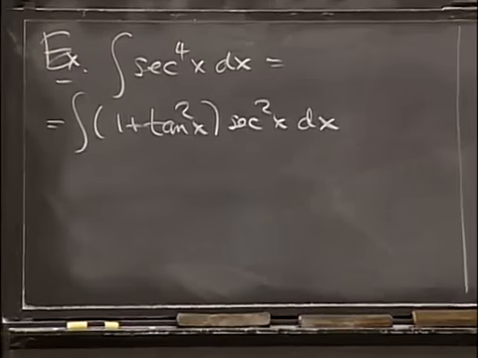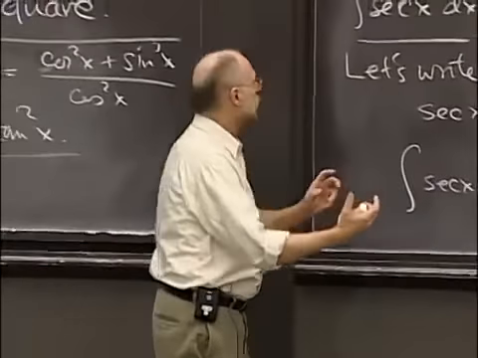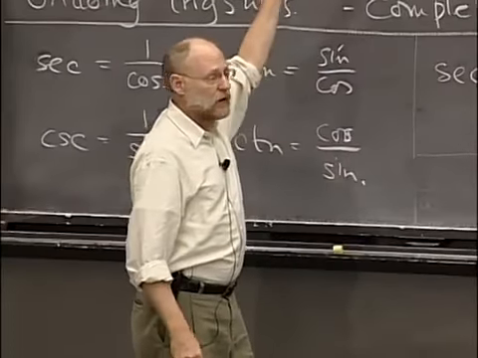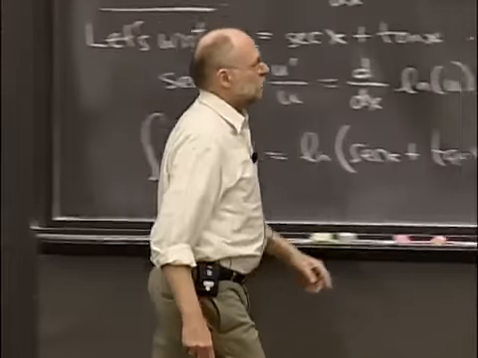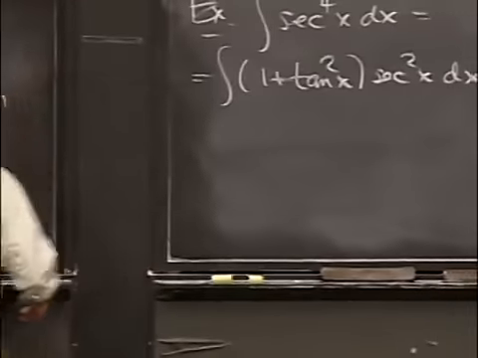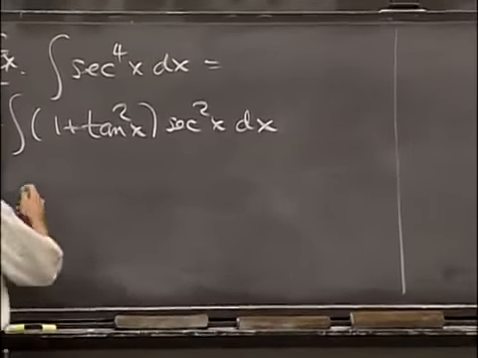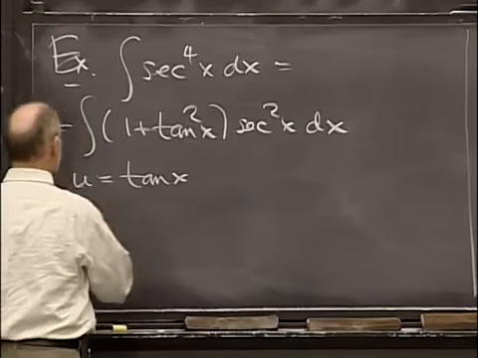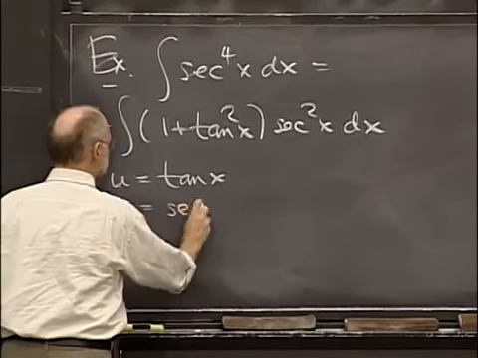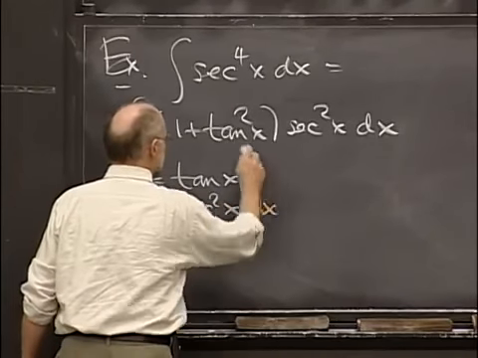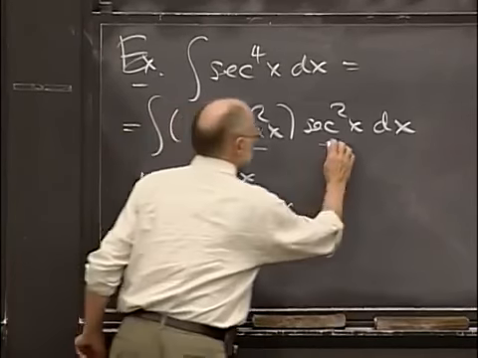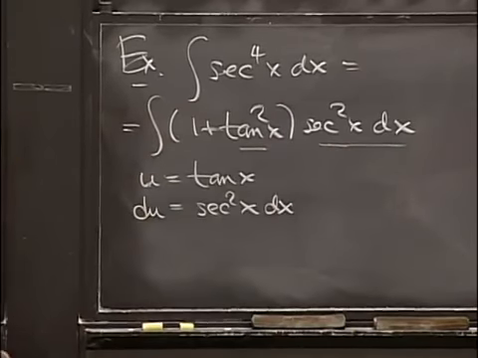Now, there was method to my madness, because I've got a secant squared left over there, and secant squared is the derivative of tangent. So that suggests a substitution. Namely, let's let u be the tangent of x, so that du is secant squared of x dx, and I have both terms that occur in my integral sitting there very nicely.